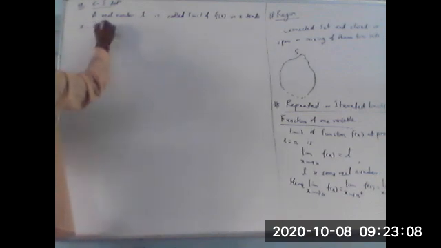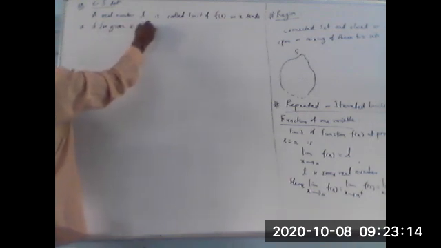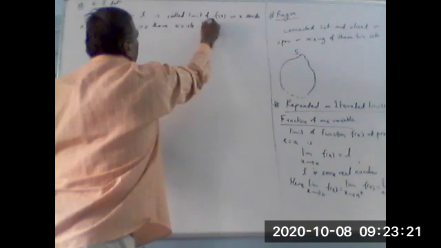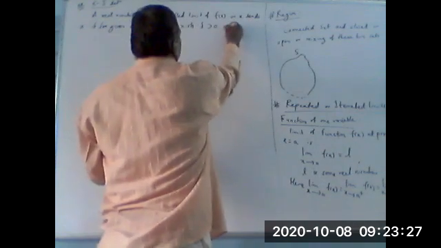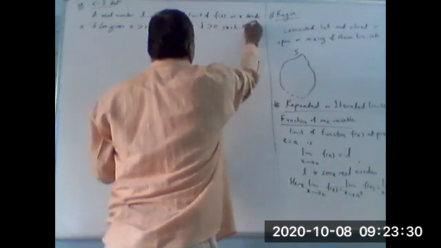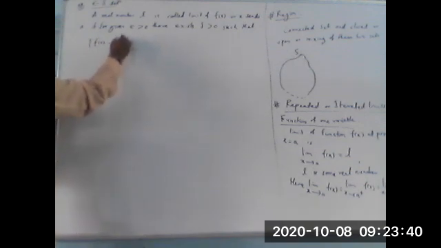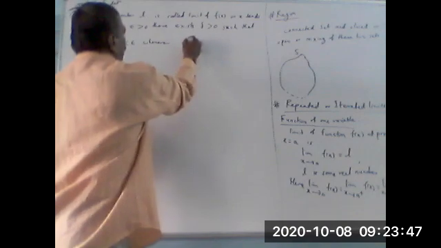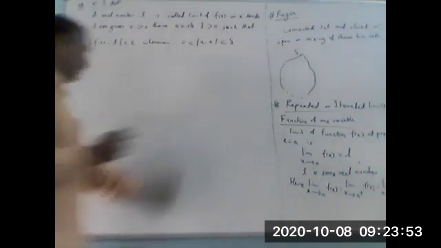if for given epsilon greater than 0, there exists delta greater than 0 such that mod of f of x minus L is less than epsilon whenever 0 is less than mod of x minus a less than delta.